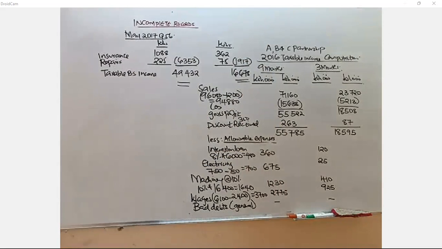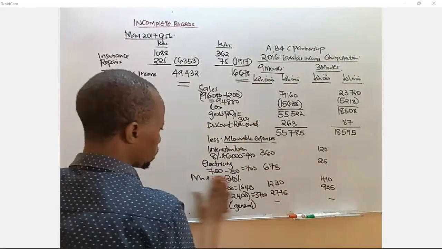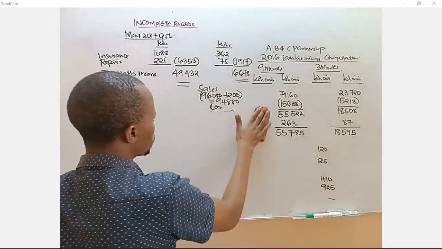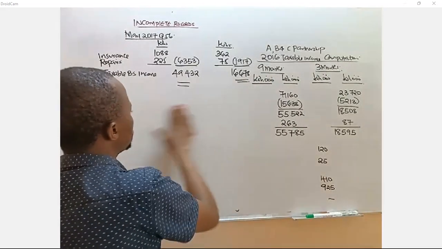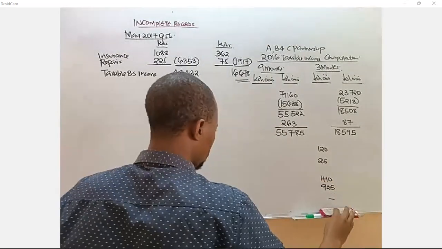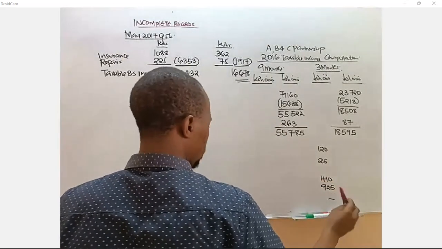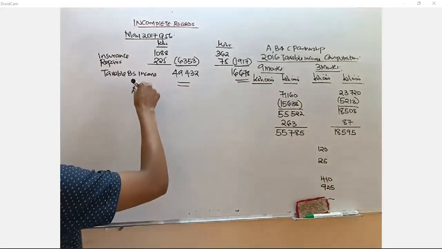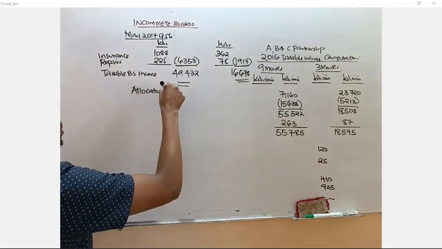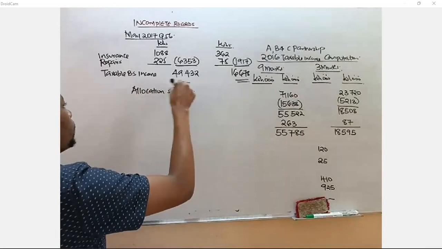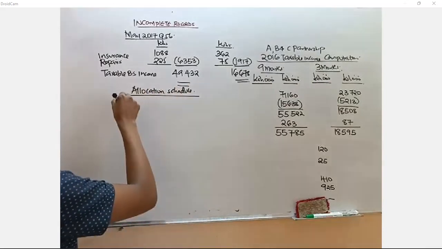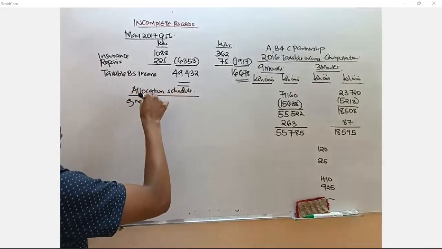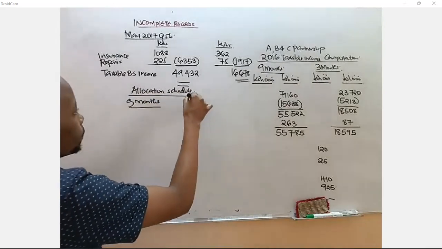Now, from there, we can be able to shift our concentration to allocation schedule. Let me do my allocation schedule here. Partners allocation schedule will be done here. So remember also you are going to be separating the periods. So in this case, we are discussing about 9 months. We also have 3 months here.